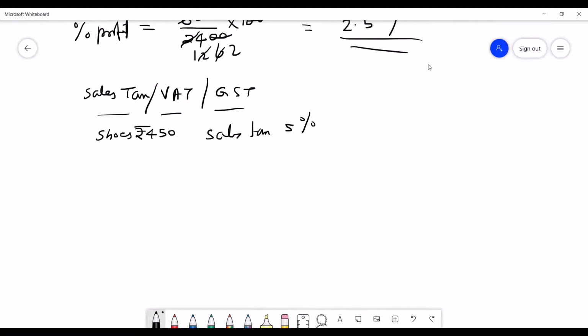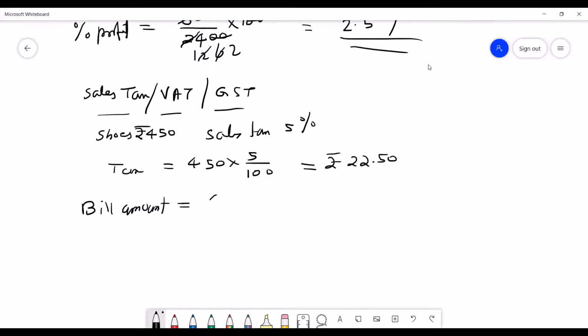Then how much will be the bill amount? So price of this is 450. Then tax will be 450 into 5 divided by 100. So this will be rupees 22.50. Then bill amount will come.